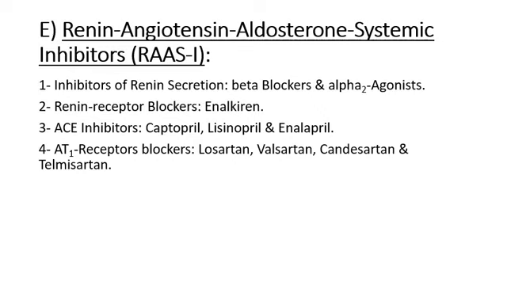Angiotensin 2 type 1 receptor and angiotensin 2 type 2 receptor. We are concerned here, or what we want to block here, is the angiotensin 2 type 1 receptor. That's why we have this small subscript 1 on the name of the receptor. عشان كده عندنا ال AT1 receptor.